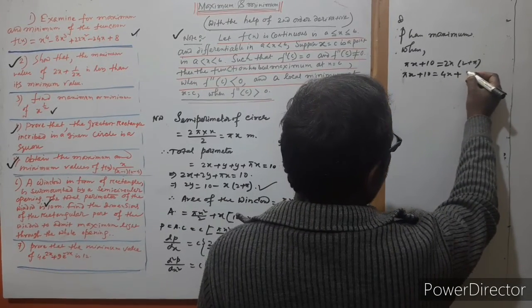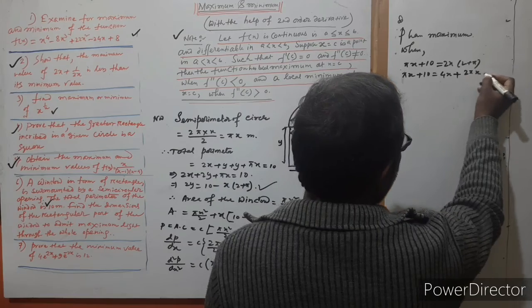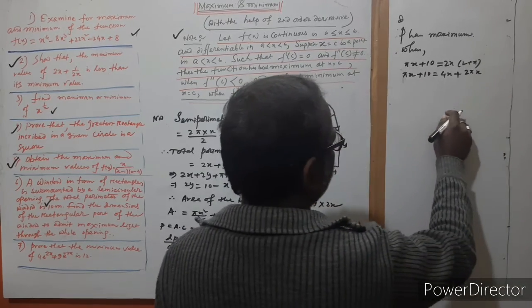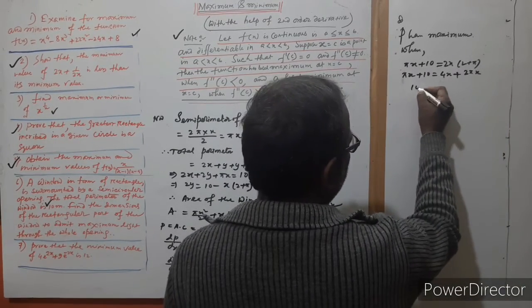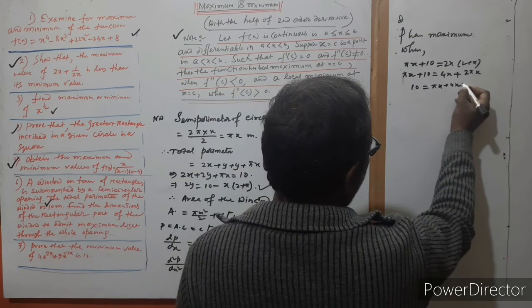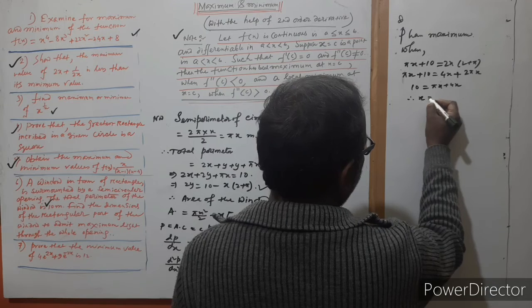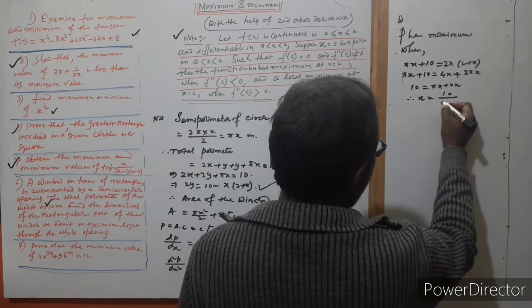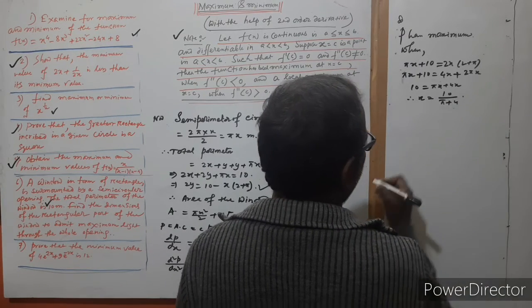This is here 2 pi x. Okay, and this is 10 here, pi x plus 4x, therefore x is equal to 10 by pi plus 4.